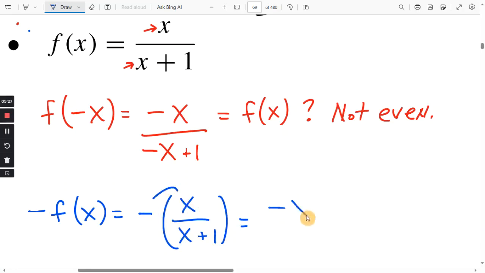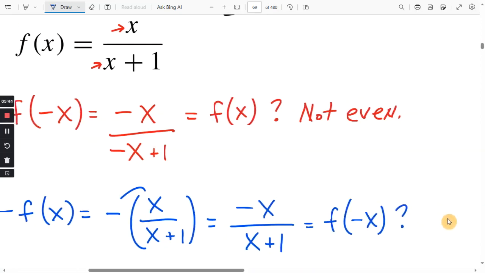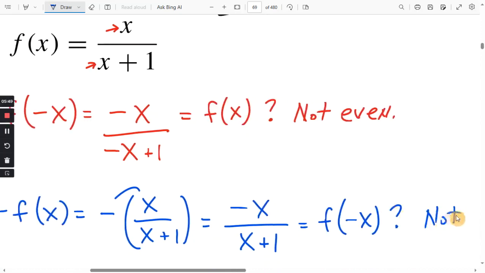It's going to be negative x over x plus 1. And does that equal f of negative x, which we found right here? No. So it's not odd either.